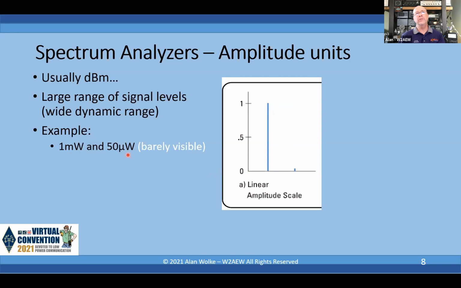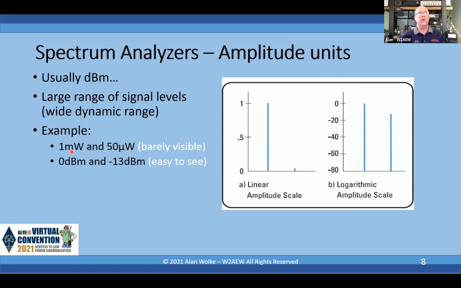If we convert these numbers to dBm, 1 milliwatt is 0 dBm, 50 microwatts is minus 13 dBm. If we plot them on a logarithmic scale, 0 dBm is right there, minus 13 dBm is right there. That's really easy to see. And look how much more I'd be able to see. I could see signals that are 30, 40, 50, 60 dB down.